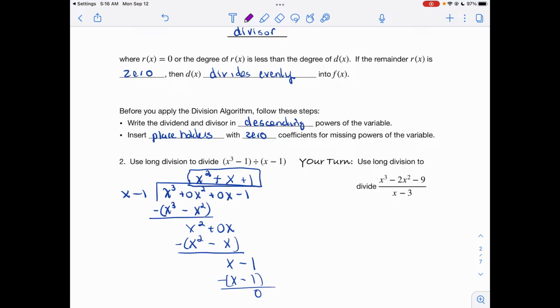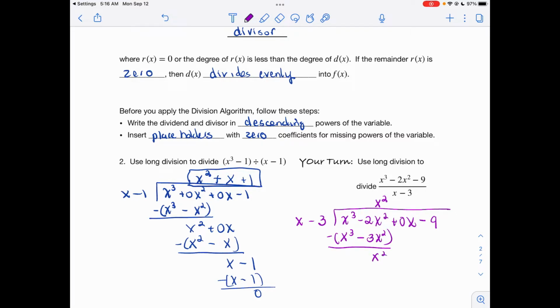All right, let's see how you did on your example problem. You were asked to divide x cubed minus 2x squared plus 0x, had a placeholder over there, minus 9, by x minus 3. X will go into x cubed x squared times. So it gives me x cubed minus 3x squared, and then I have to subtract.